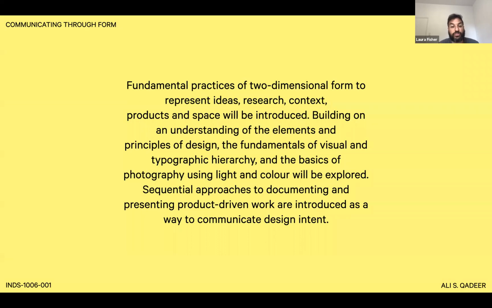Sequential approaches to documenting and presenting product-driven work are introduced as a way to communicate design intent. Essentially what this course description is saying is that we're going to look at two-dimensional design.